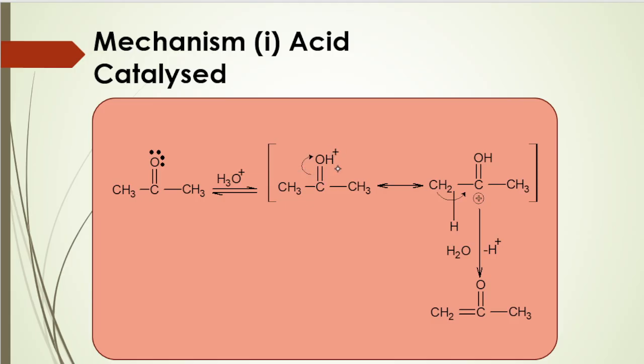There is OH plus, and then because of this plus ion, the bond will shift here so that the positive charge can be neutralized. But if you consider this particular carbon, it gets the positive charge.